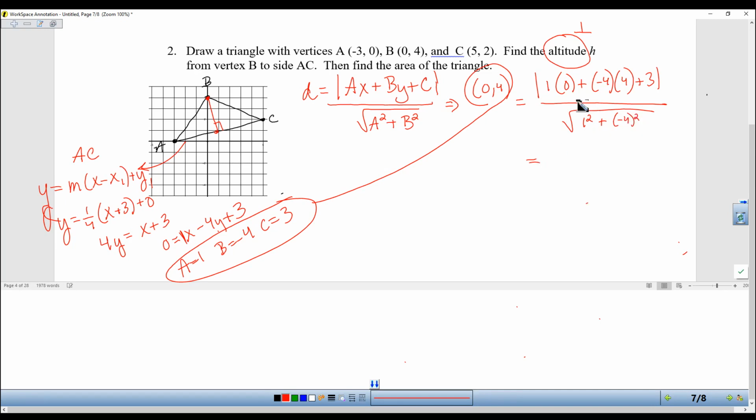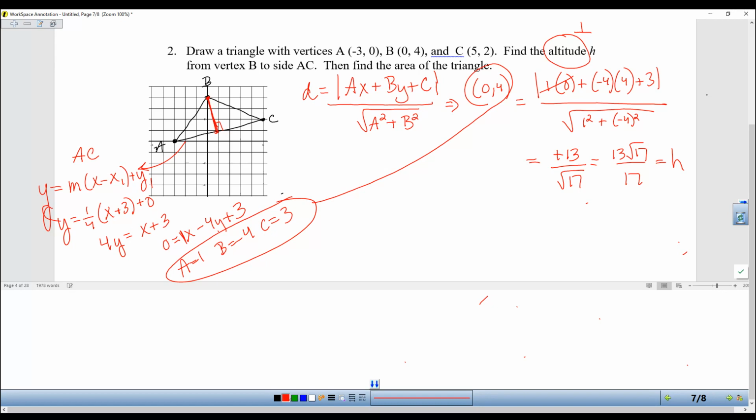And that gives me, this cancels because it's just 0. Negative 16 plus 3 is negative 13, but since it's absolute value, it's positive 13 over the square root of 17, which is 13 square roots of 17 over 17. Do you even remember what we were looking for? It's the height. So we just found this distance right there using my very cool formula.